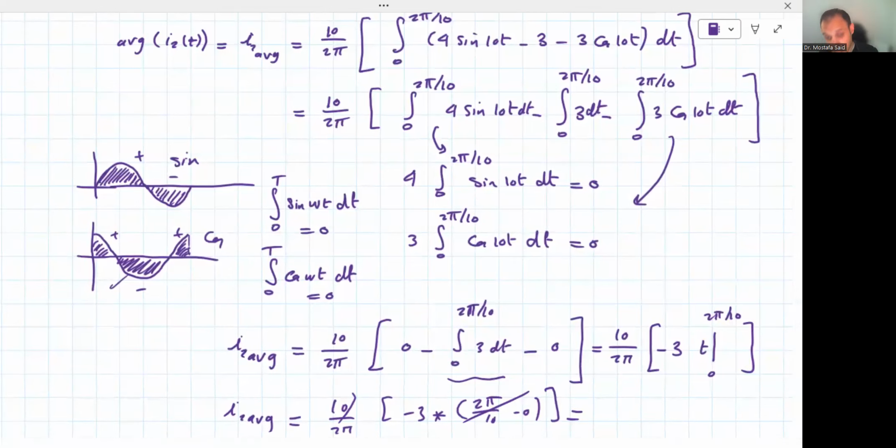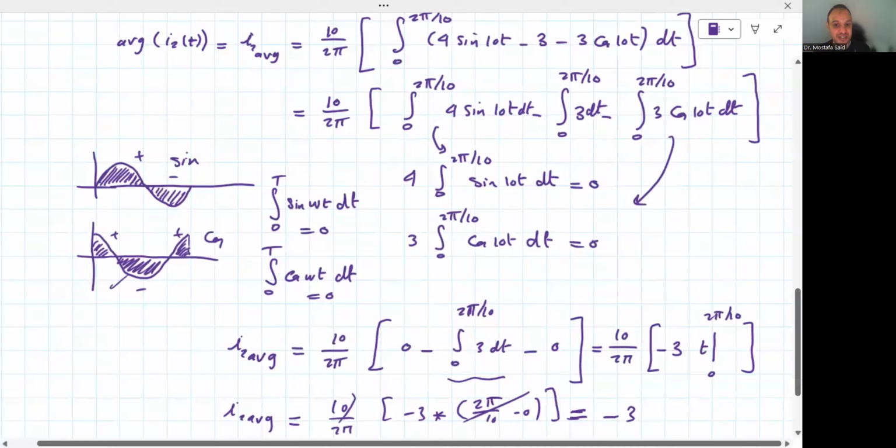This will cancel out with this, so minus 3 again. Of course, solution 1 and solution 2 must be the same, right? But of course, as you see, solution 2 is much easier. We were lucky with what we chose. Whenever you have a sine or a cosine only term, without multiplying or squaring, the integral will be easy because it's always 0.